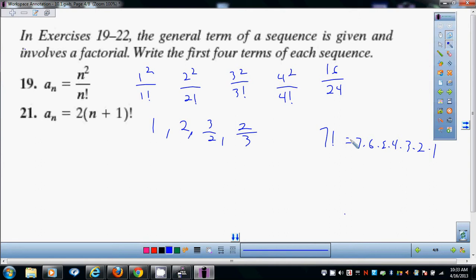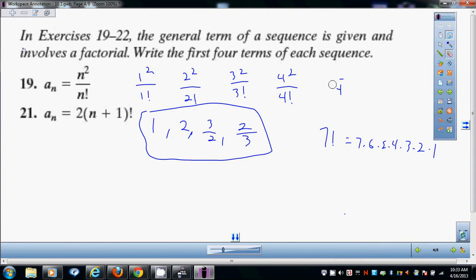Questions about how we got those 4 terms? That was this one. I was actually writing it out so people could see it. And this was just an example of the factorial. Try number 21. Try to find the first 4 terms of number 21.